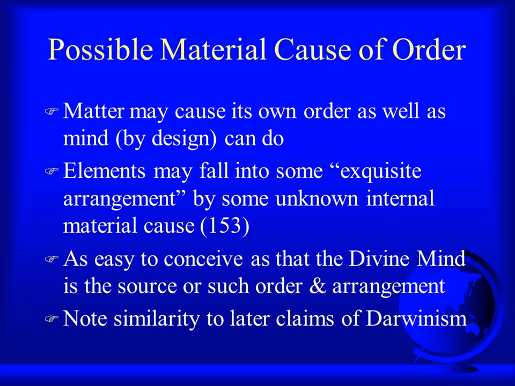So he says, for all we know, matter may cause its own order as well as mind. Elements may fall into some exquisite arrangement by some unknown internal material cause. And of course, this happens in the formation of a gemstone or a crystal. So what is his point here?